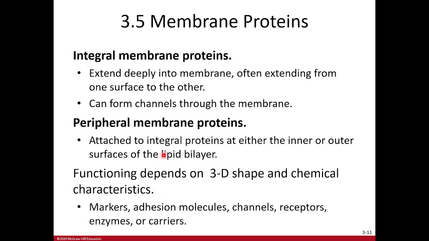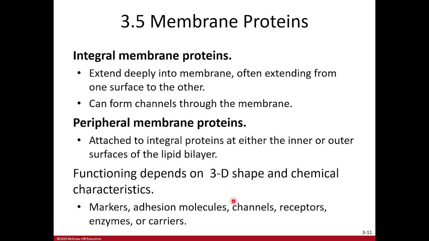Characteristics of the membrane proteins. So the integral membrane proteins can extend deeply into the membrane, or they can extend from one surface into the other. And some of them, like in the case of protein channels, have an opening.